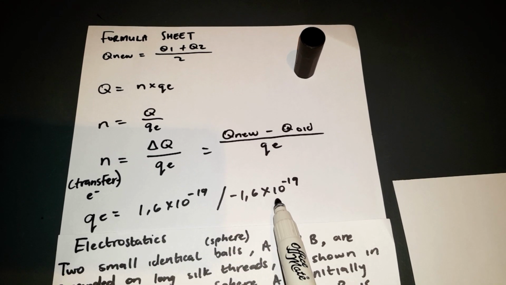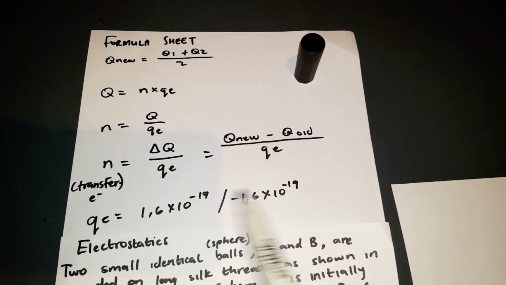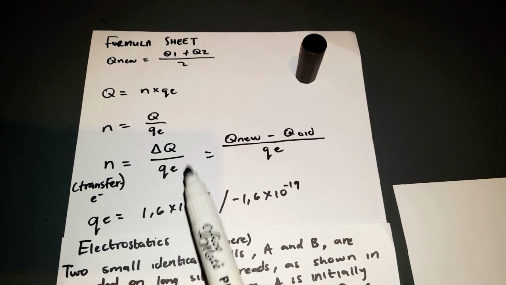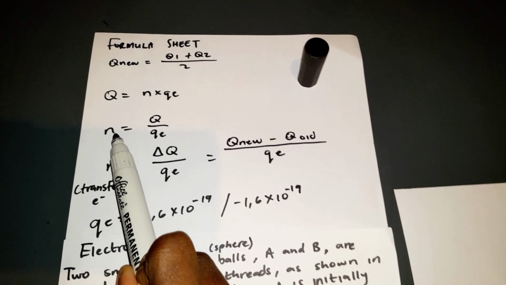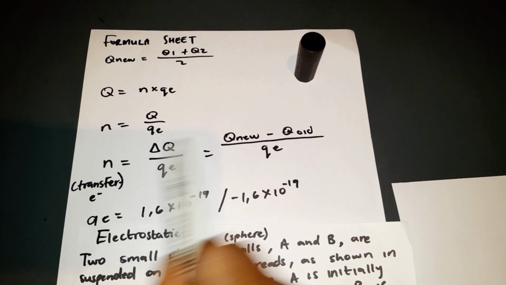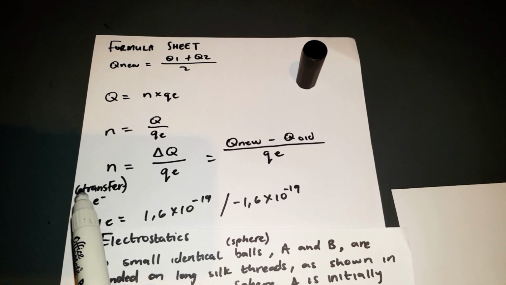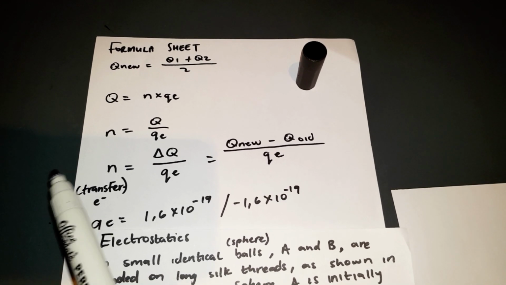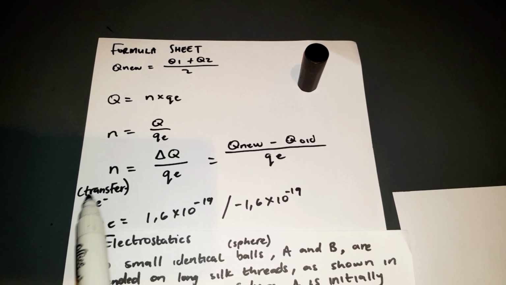So this one we're going to use when we are dealing with a negatively charged sphere, and this one the positively charged sphere. And this is how we find the number of electrons. And this one is when we're dealing with electrons transferred, let's say from sphere 1 to sphere 2. We're going to use this formula, this equation.